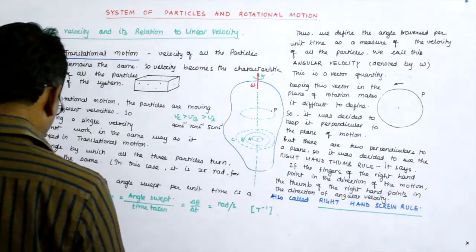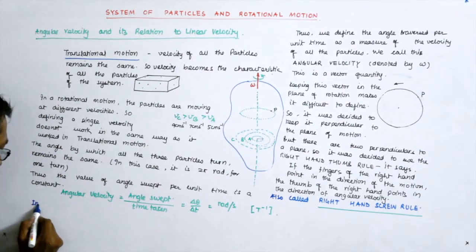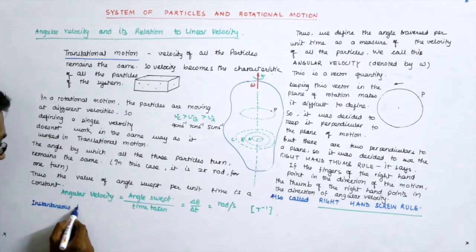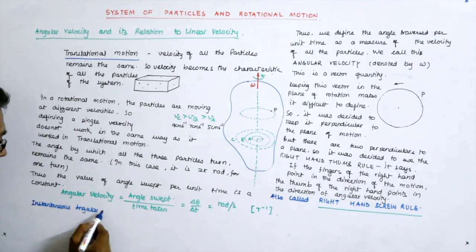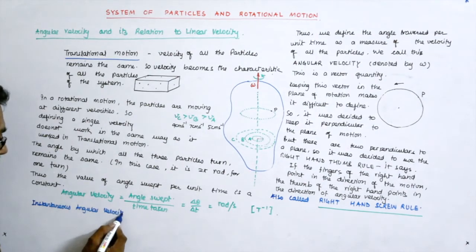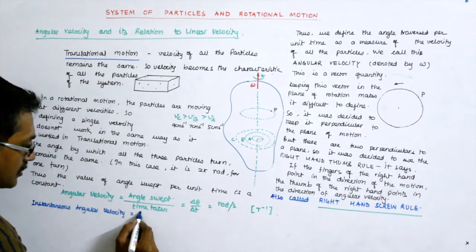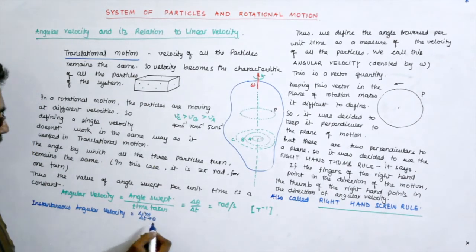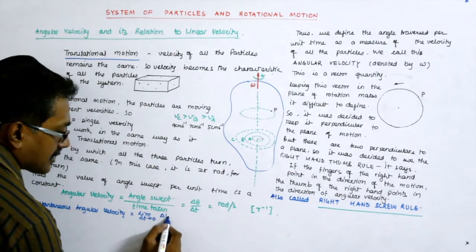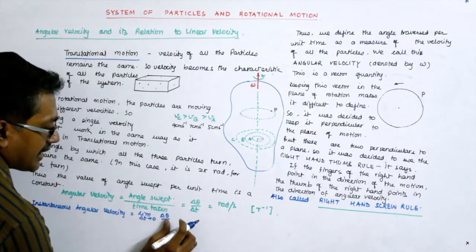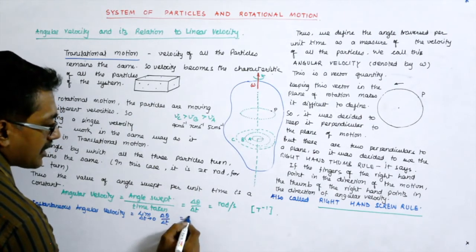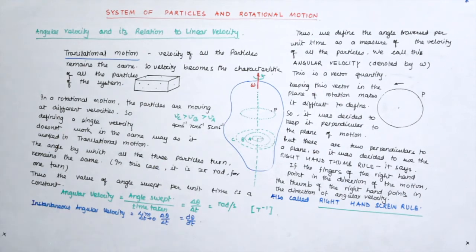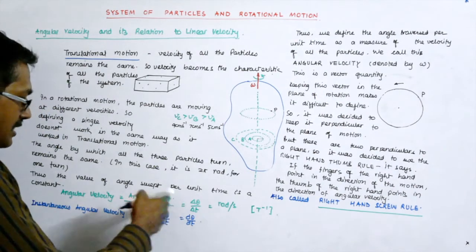So instantaneous angular velocity is equal to limit delta t tending to 0, delta theta upon delta t, which becomes d theta upon dt. This is your instantaneous. This is your average.